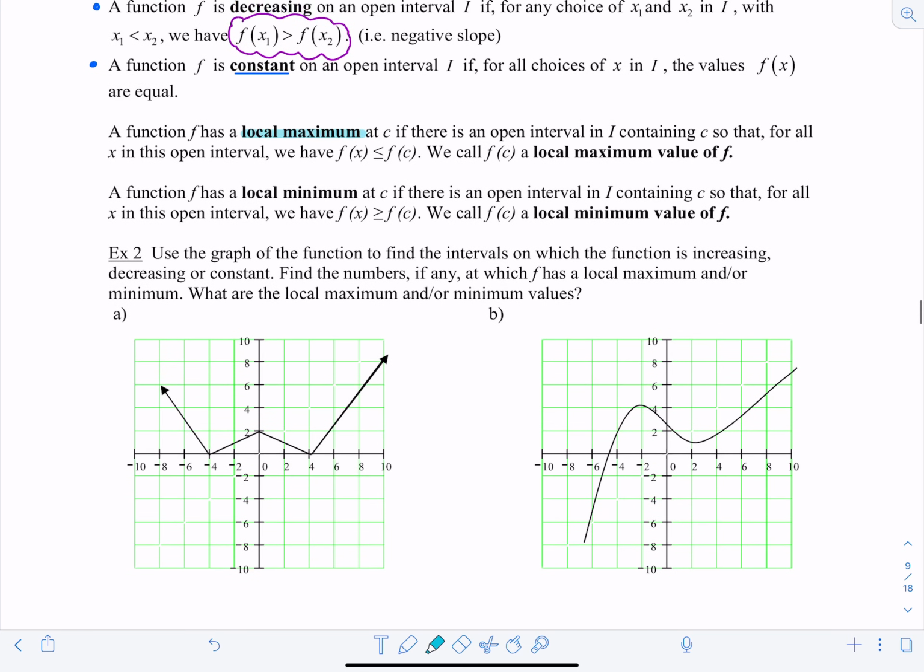Okay, meaning, again, you've got some open interval I, and it contains this point c, and all f of x's are less than or equal to f of c. So something like this. Here's c, and that's f of c. That's your local max.